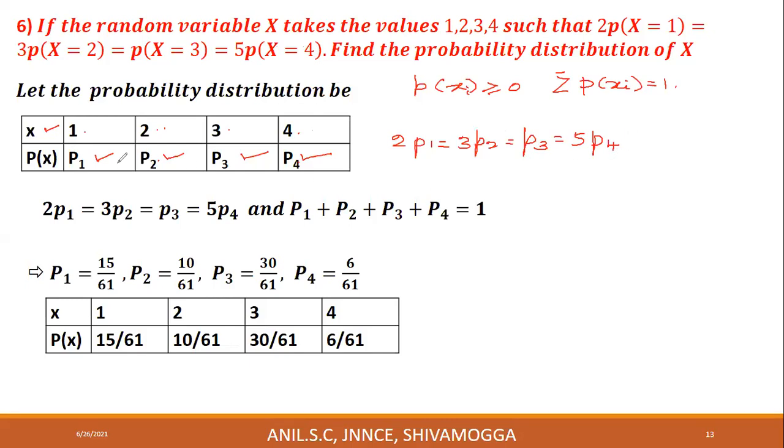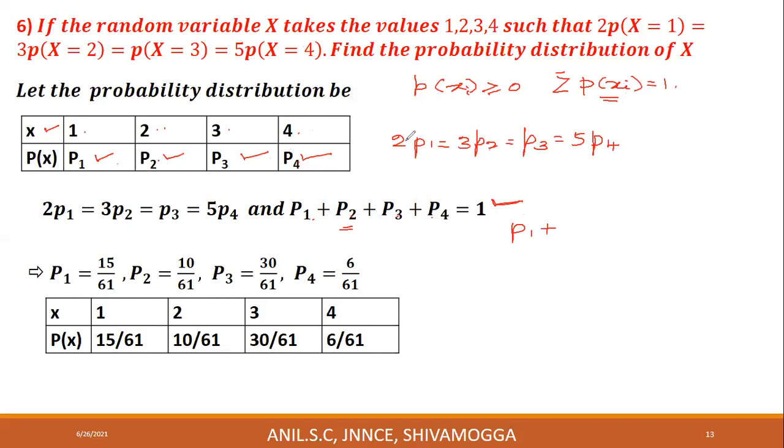And we know that p1 plus p2 plus p3 plus p4 is equal to 1. This is because summation P of xi is equal to 1. The sum of all these probabilities must be equal to 1. Let's substitute. Keep p1 as it is, plus p2.